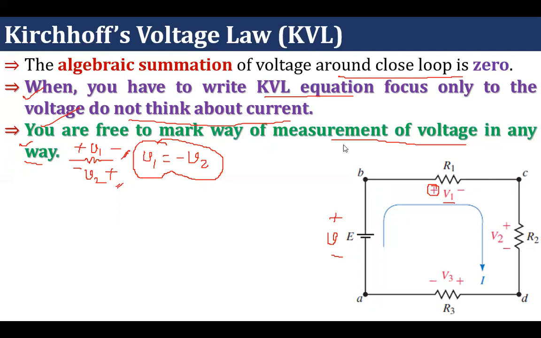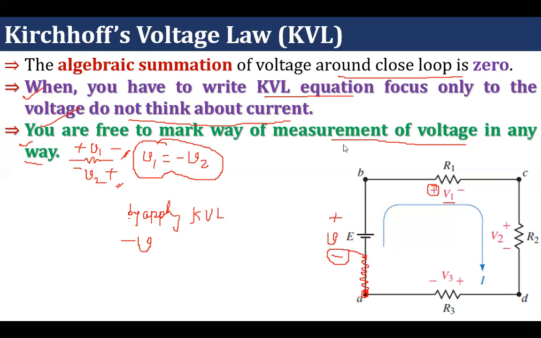To apply the KVL, you have to start from one node and start moving in the circuit. Suppose I am running on this circuit. Going through this battery, the sign of the measurement I see first is negative. So by applying KVL, I will write minus V. Why minus V?